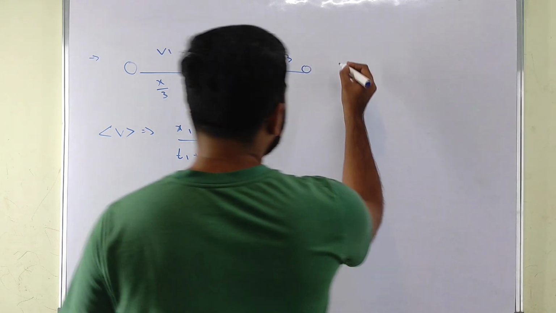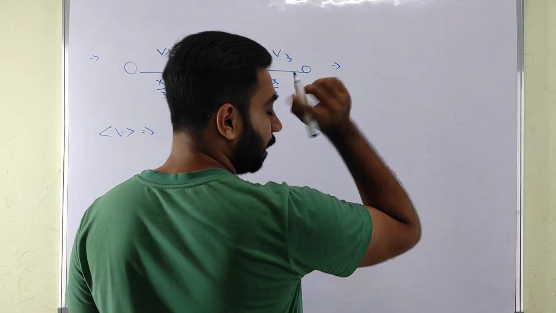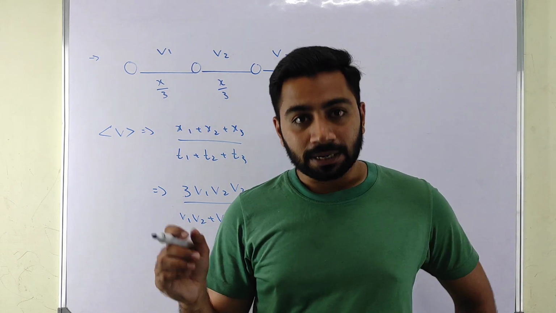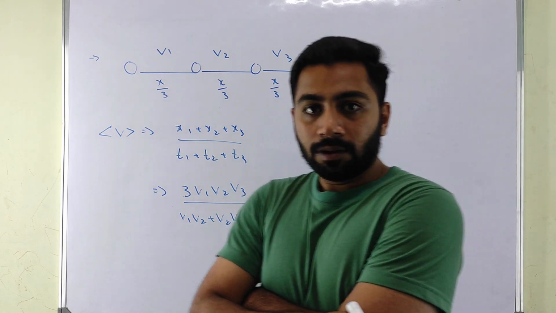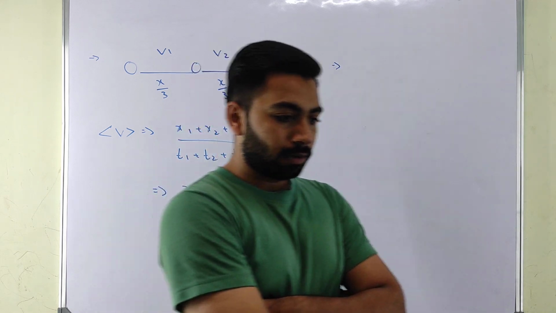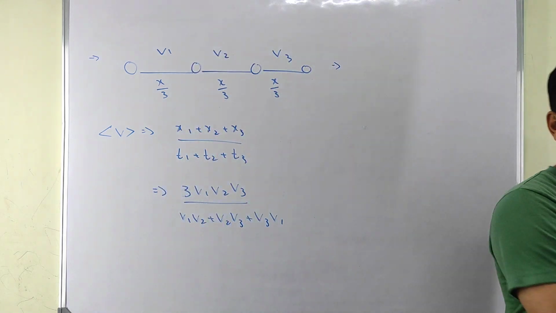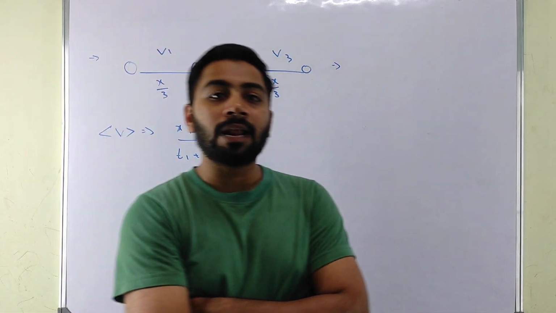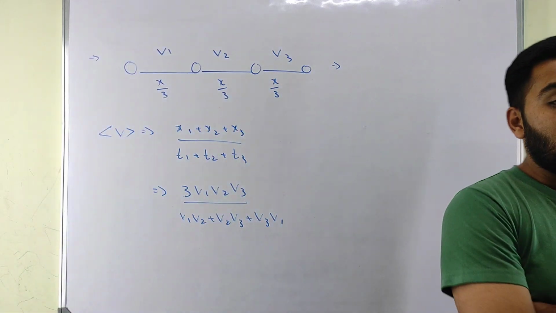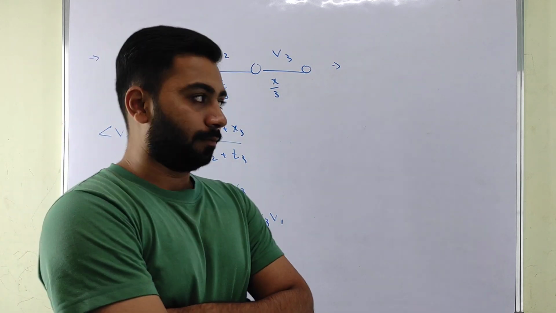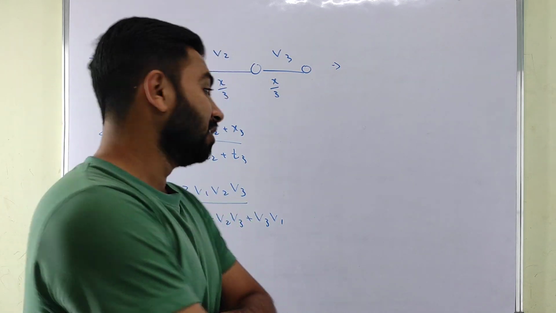Now similarly, when they give you this question: a particle travels the first 1/3 interval with velocity v1, the next 1/3 interval with velocity v2, and the final 1/3 interval with velocity v3, then what is the average velocity?